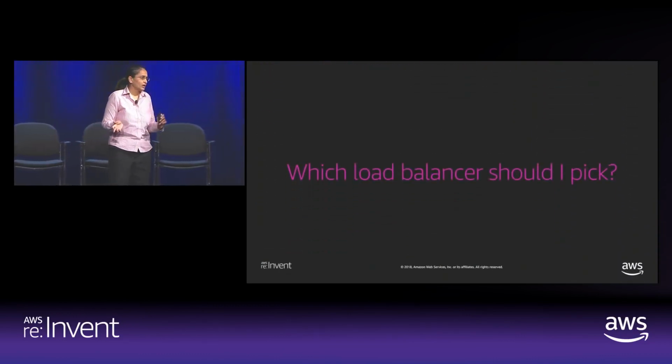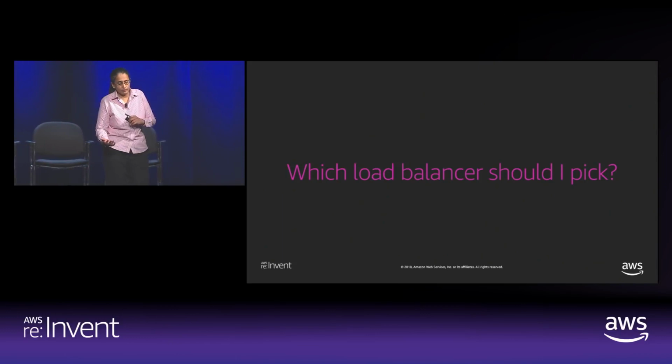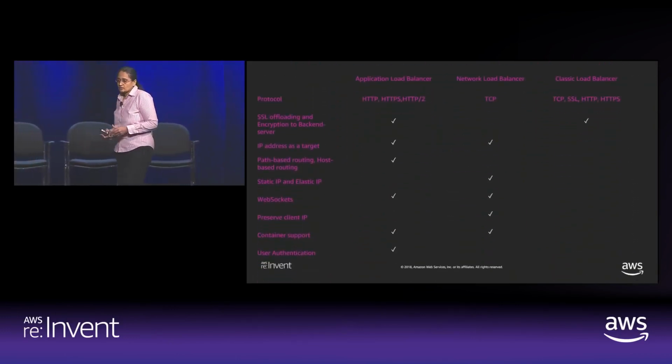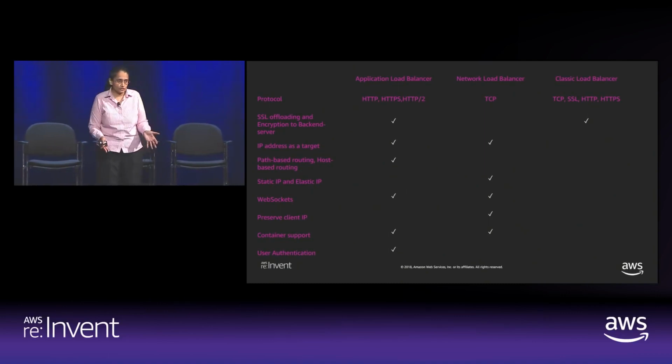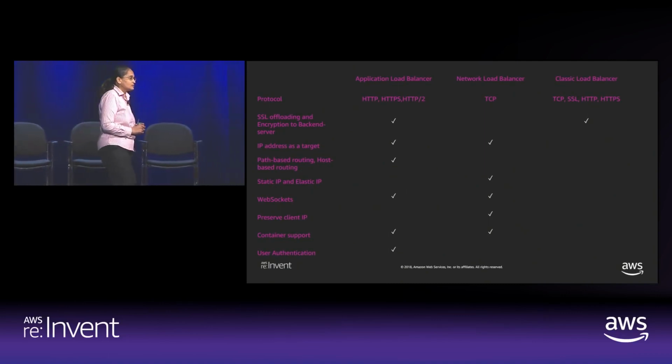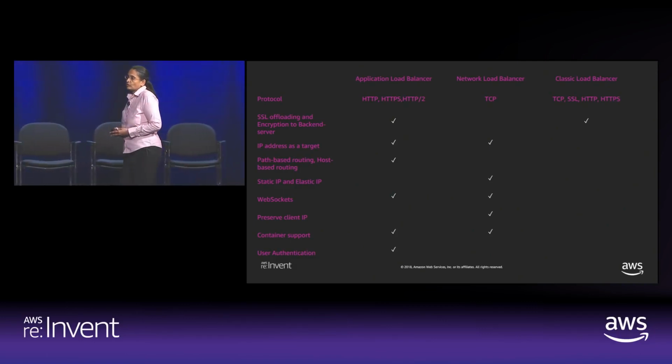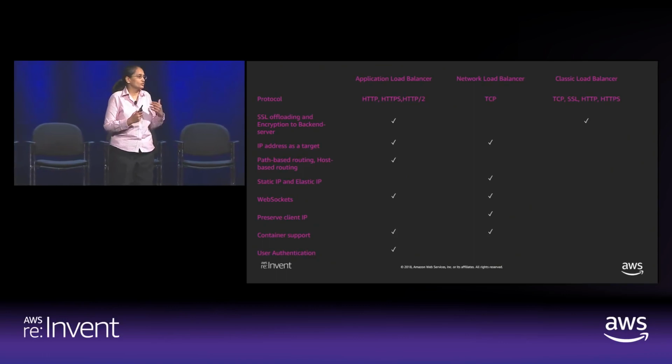We talked about application load balancer and network load balancer. The question is, which one should I use, right? If you look at just a summary of the features, the application load balancer being a layer 7 feature-rich load balancer, you want to use that for any of your application or microservices-based architectures.